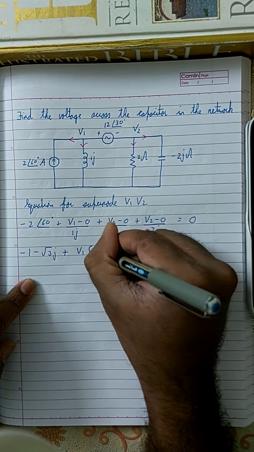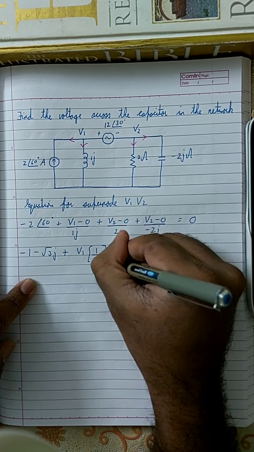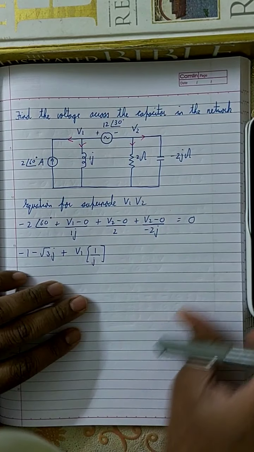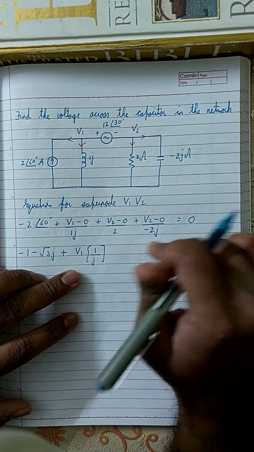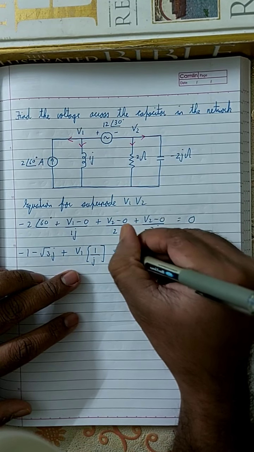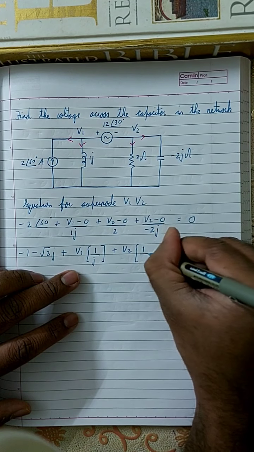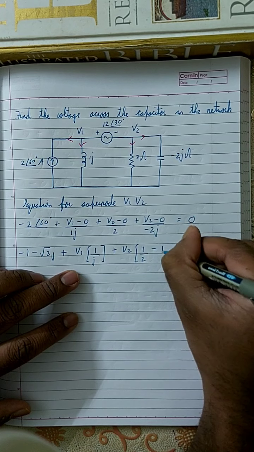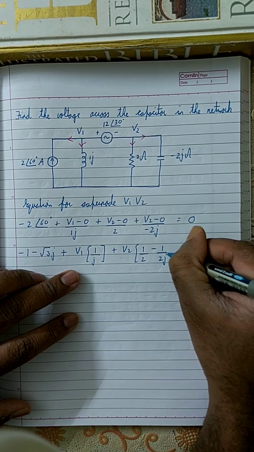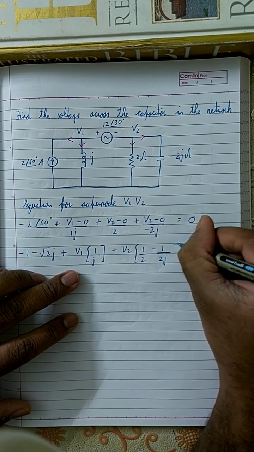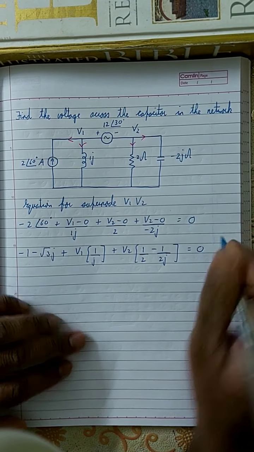I can write this as V1 into 1 by J, right? I am writing in terms of 1 by J. And what about V2? V2 is basically V2 into 1 by 2, and this is minus 1 by 2J, right? Minus 1 by 2J is equal to 0.